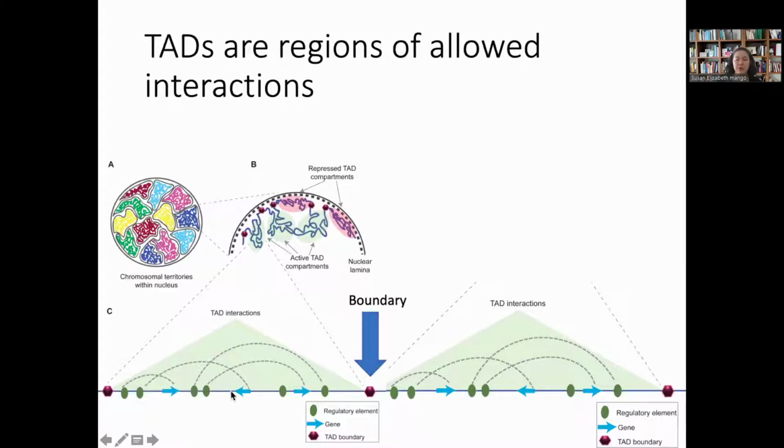This is drawn as though there are 3 genes, that's the blue arrows here, but in fact TADs are often a single gene with multiple regulatory elements in the neighborhood.